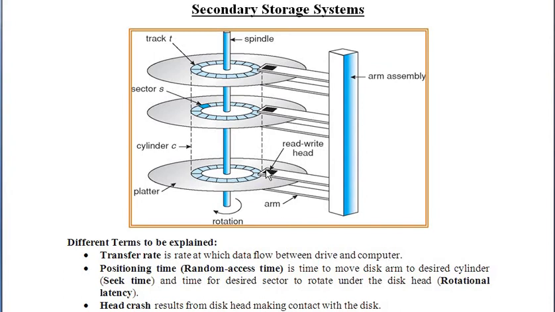That will not save the information, and the whole platter will be wasted. We don't have any recovery techniques for this. Even though there is a coating between the read write head and the platters, sometimes this may happen, and this will damage the whole platter of the disk. That is what we call head crash.